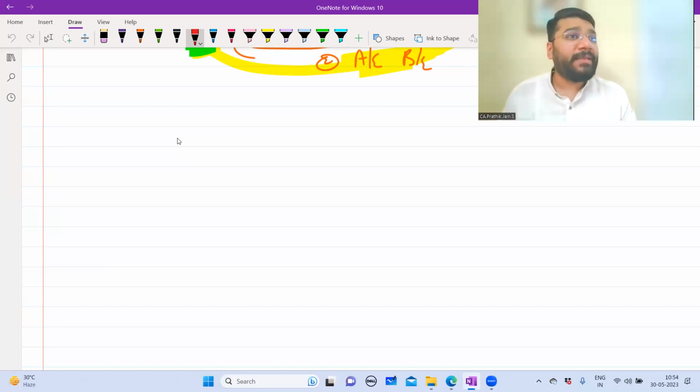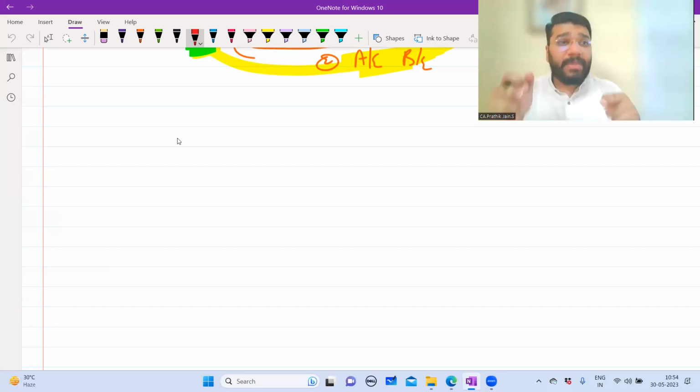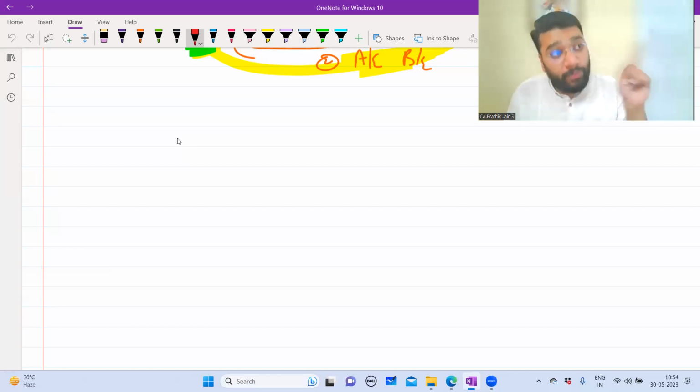So you will save time in the exam. But for that, you have to develop the habit right from now. So whenever you practice for the next at least 2 months, please have the habit of drawing it. Then at a later stage, even if you don't want to draw, it is fine. But if you draw, it is well and good. You'll have clarity. But even if you don't draw, you'll have a good hold.